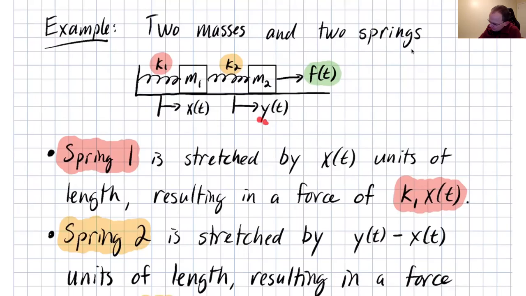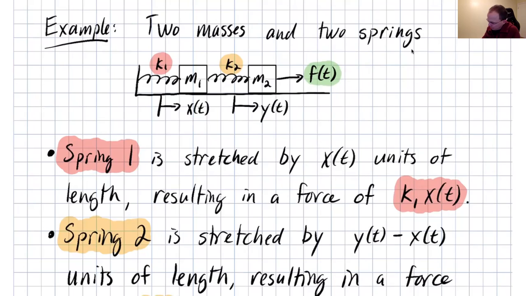And if y of t is 0 and x of t is pushed to the left, so x of t has a negative value, then that will stretch the spring as well. So the spring is being stretched by the amount that y of t is going to the right, and then we subtract the amount of x.